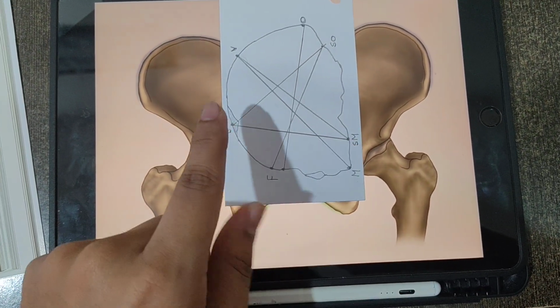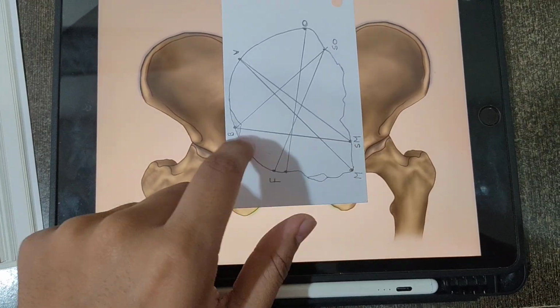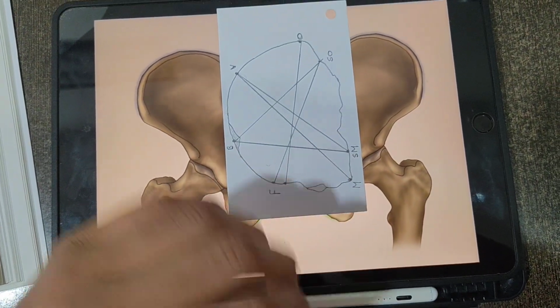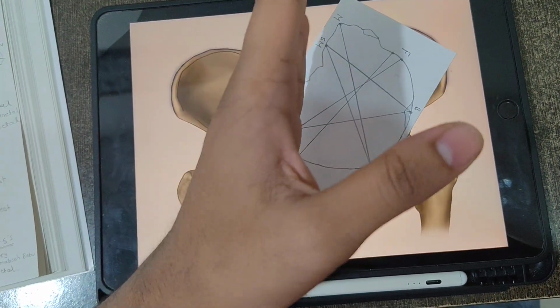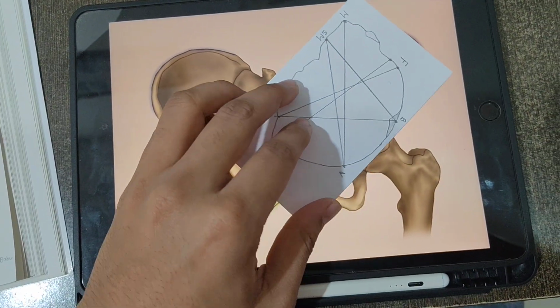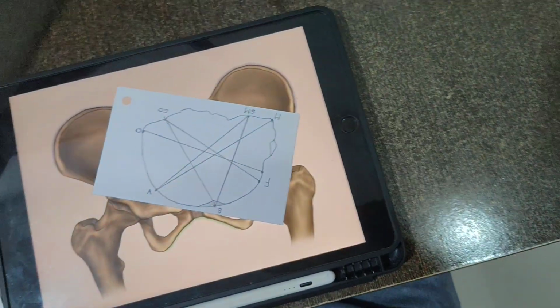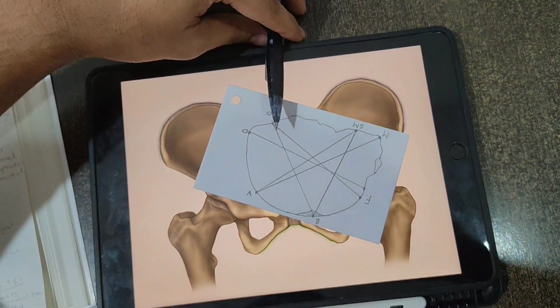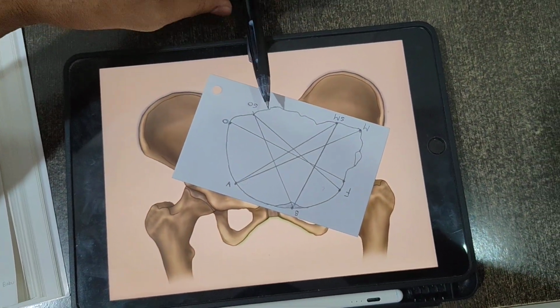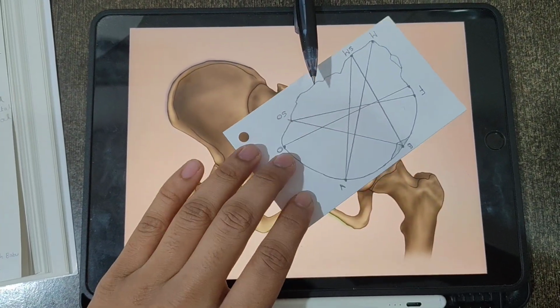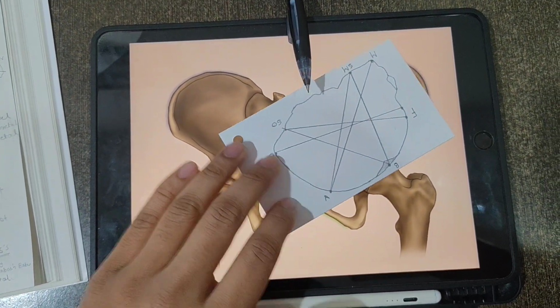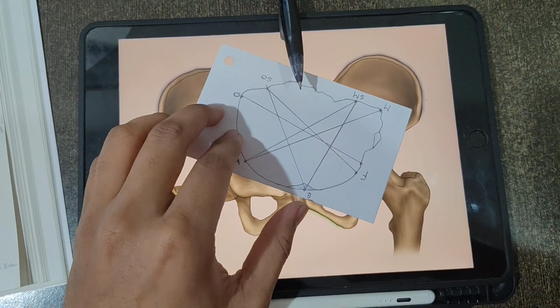Yes, it's the submento-bregmatic diameter. Did you understand that? The fetal head is very flexed here, and then it slowly starts extending the neck. If you want, you can imagine this as the neck. Initially it's like this, and slowly it starts extending its neck.